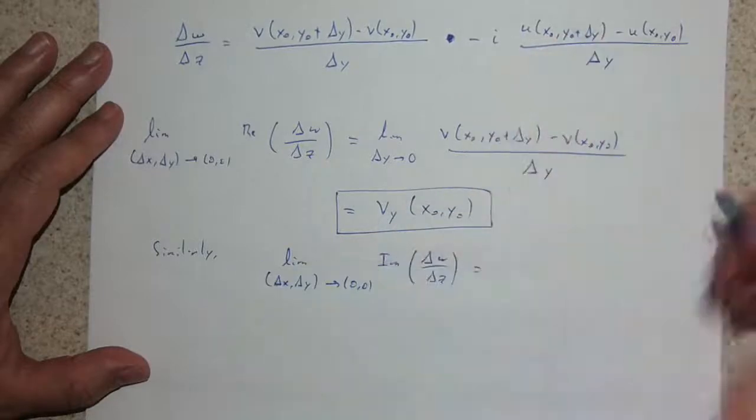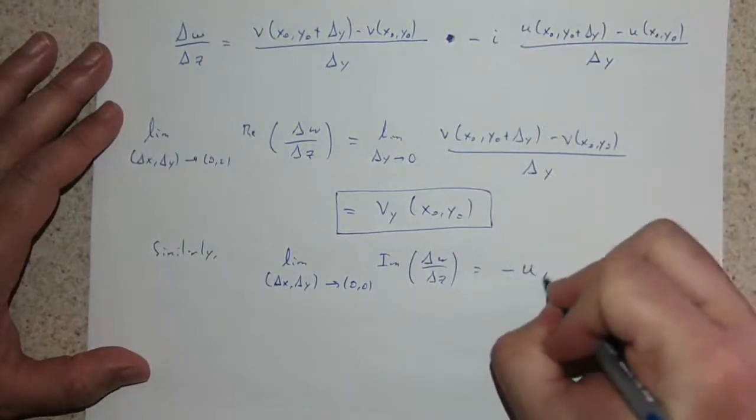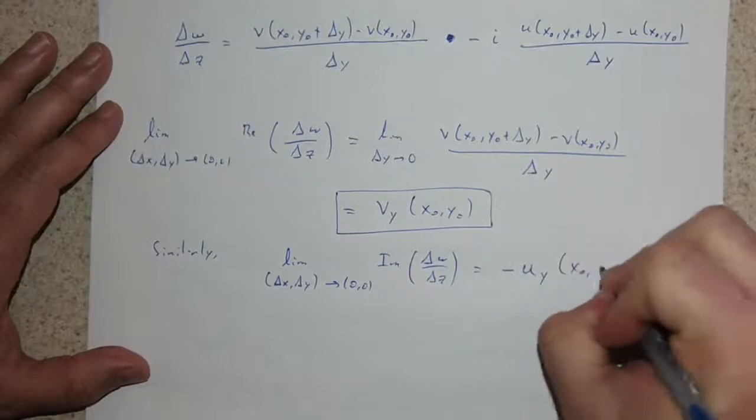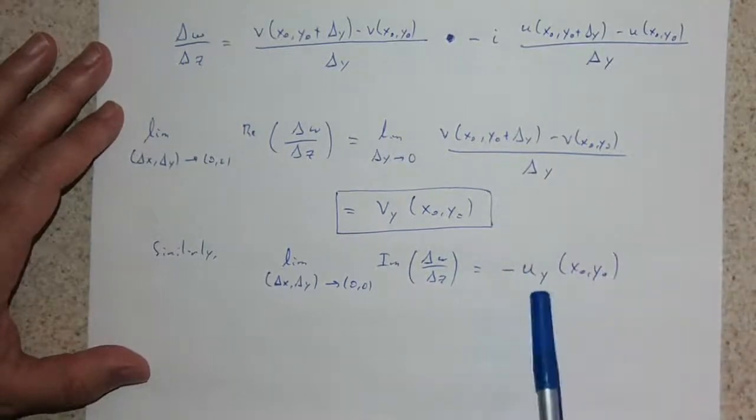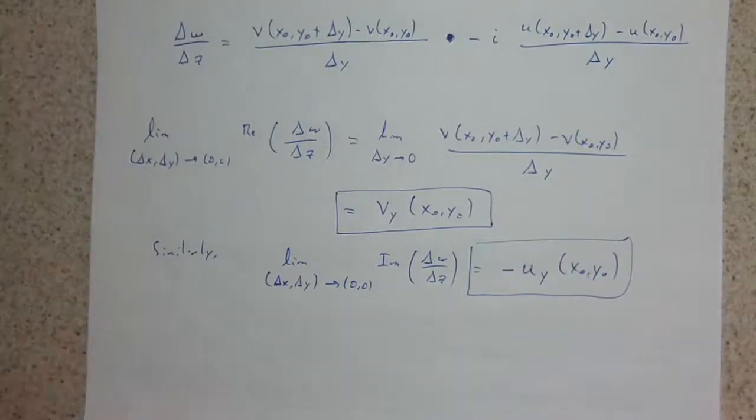So this is minus u sub y at x naught y naught. Right, so this is minus the y partial of u at x naught y naught.